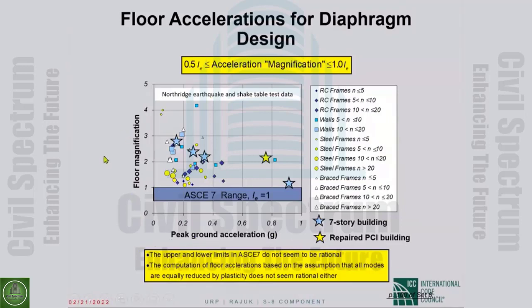On the y-axis is floor magnification, meaning the floor acceleration is twice the ground acceleration, floor acceleration is 3 times the ground acceleration, and so forth. Okay. So these are the measure points. Floor magnification, actual observed or measured in shake table tests, as a function of peak ground acceleration.